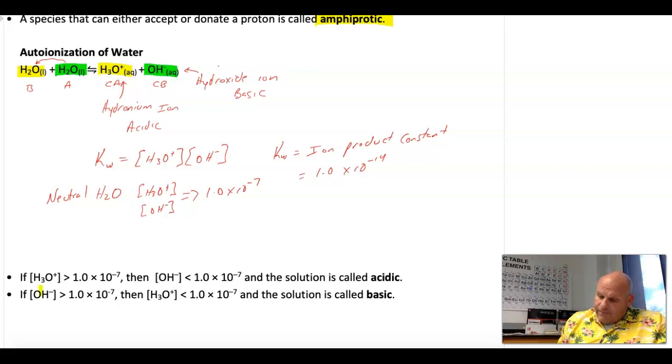You can see the other example here. If the OH- is greater than 1 times 10 to the negative 7th, that means I'm going to have more OH- than H3O+, so my solution is going to be basic.